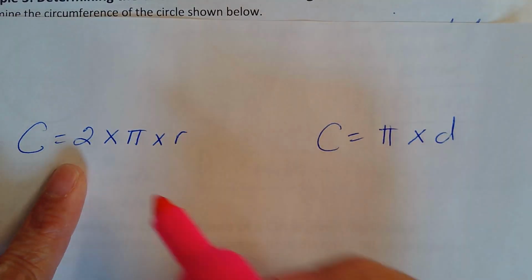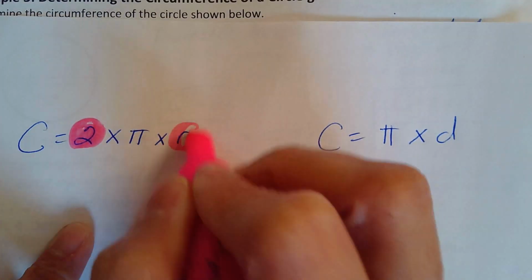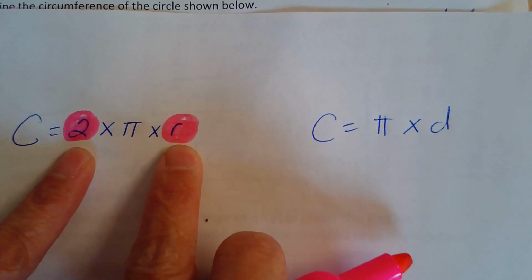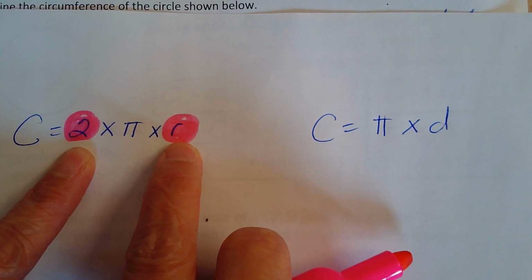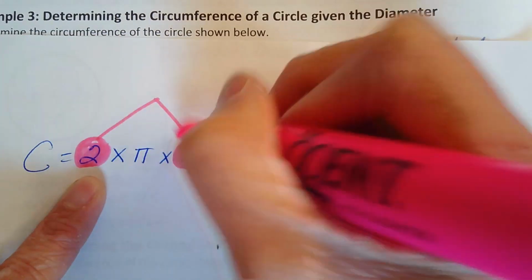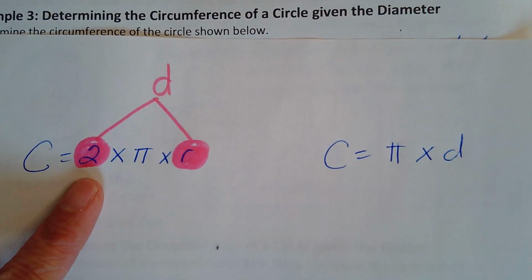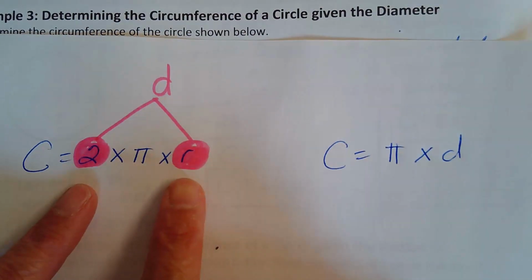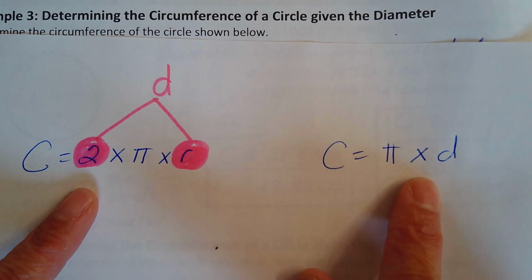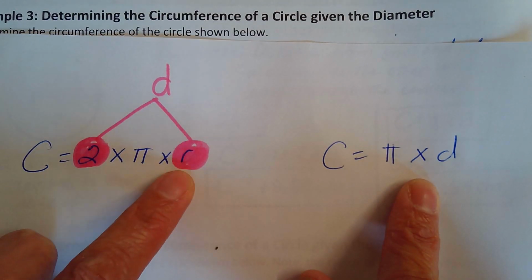If we double the radius, you take this one and this one. When you multiply them together, what does that give you? You got 2 times radius. This gives you the diameter. So now that's why this one works.